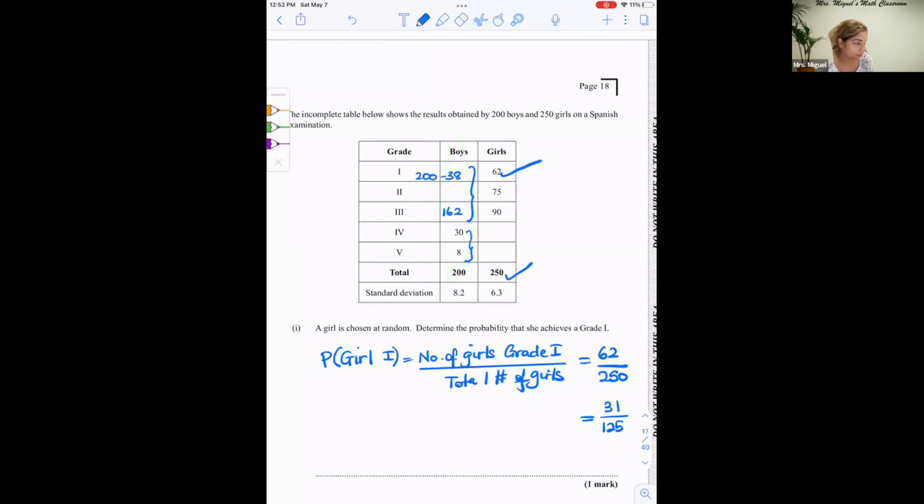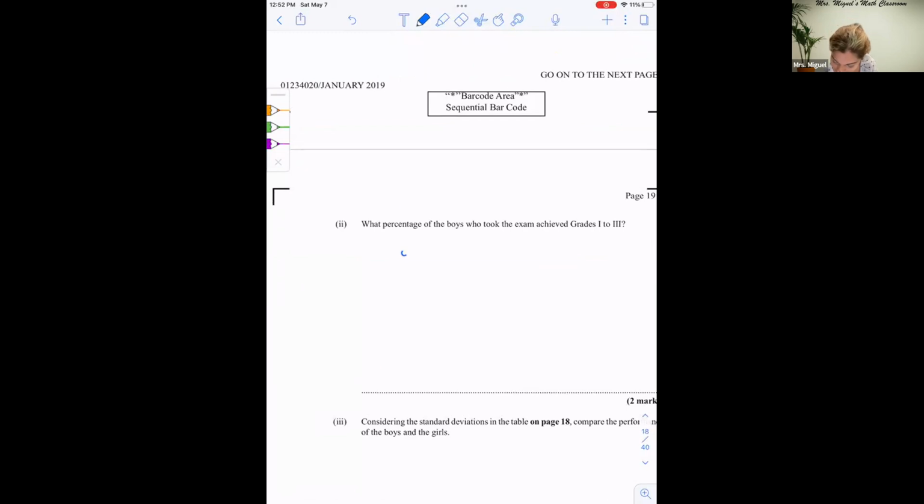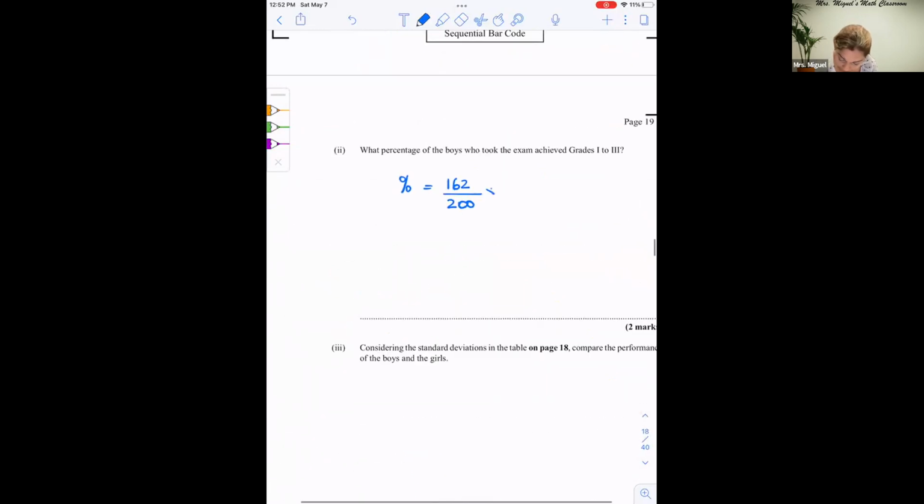They ask for the percentage, so the percentage would be 162 over the total number of boys, which is 200, multiplied by 100%.